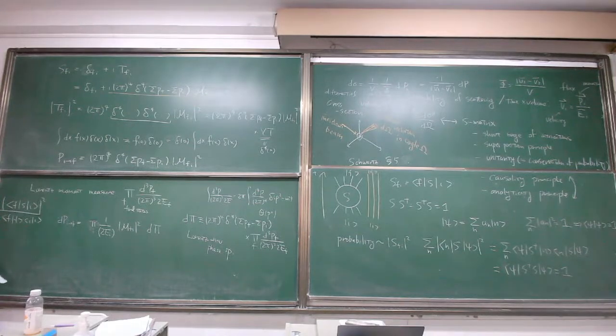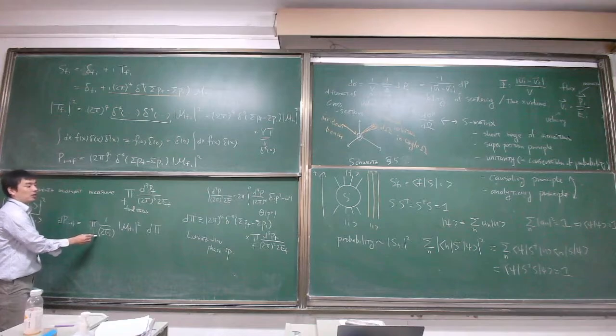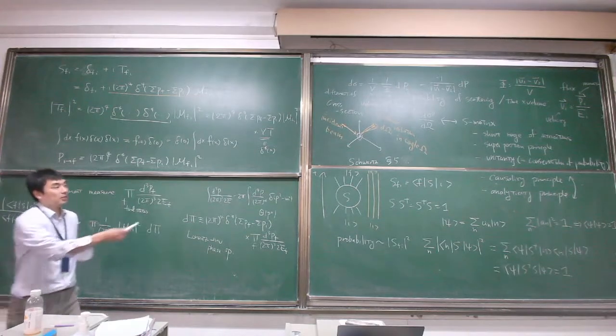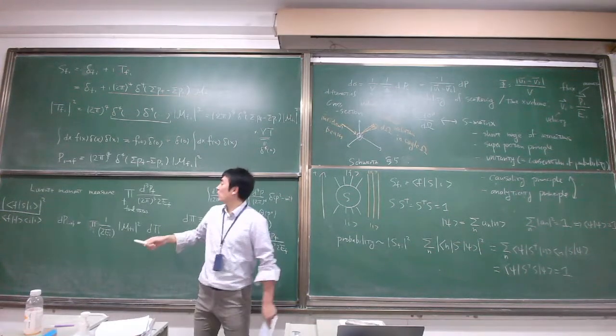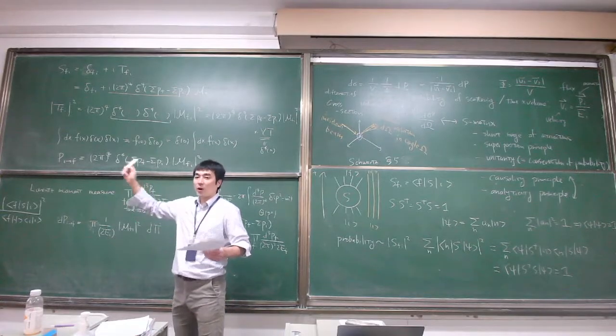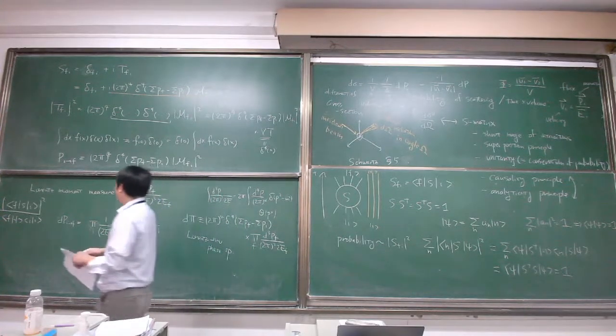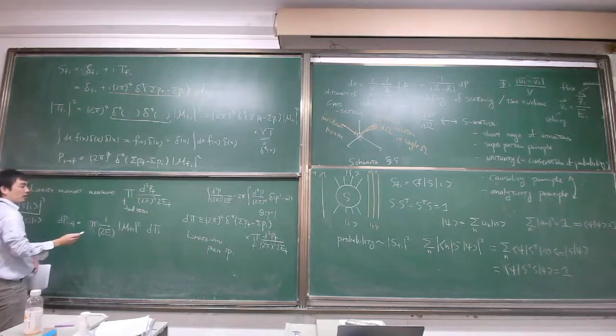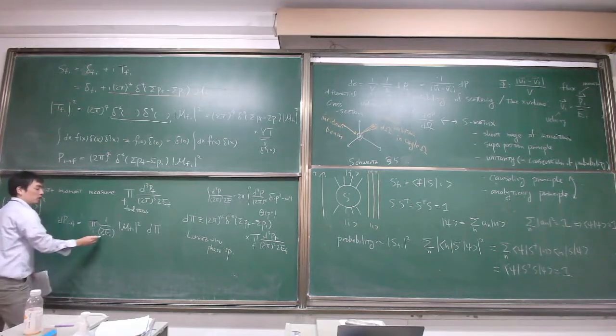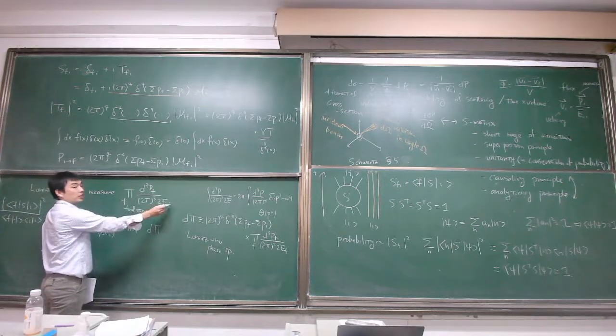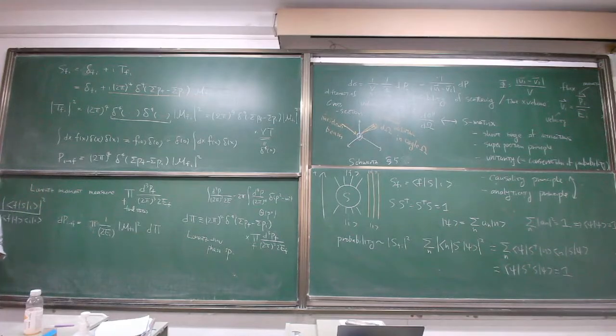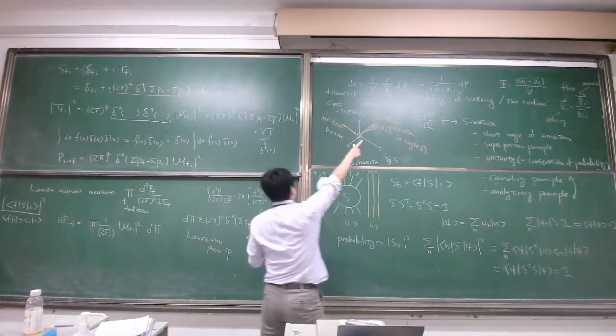If you are interested in how to derive this, you can take a look at Schwartz section 5. In essence, this 2E_i has the same origin as 2E_f, so you have to include it. So this is the form of the differential probability.